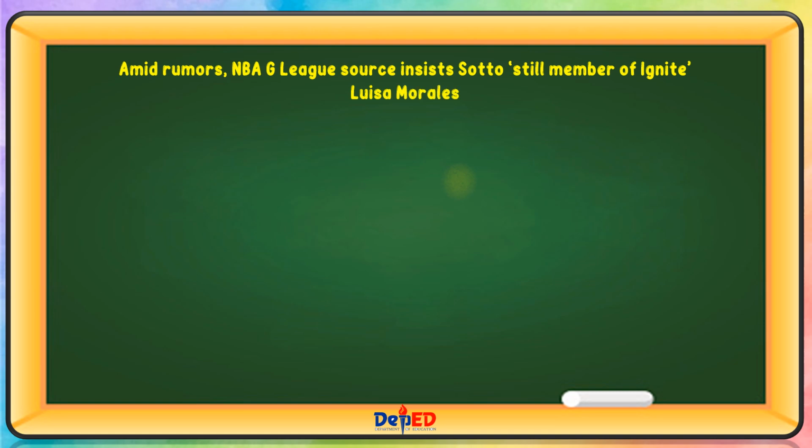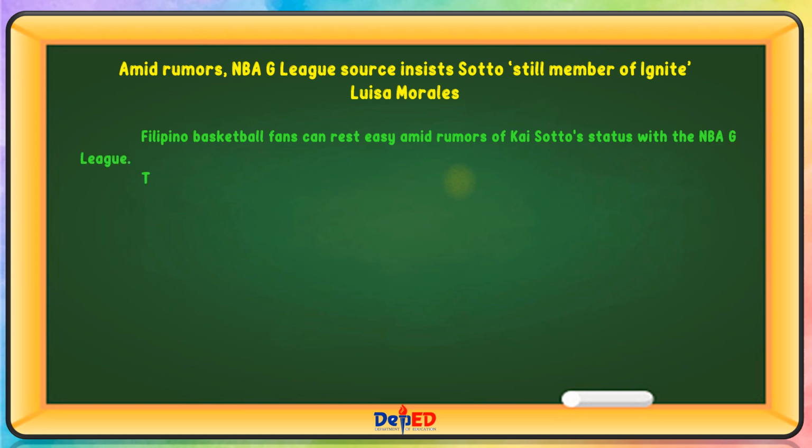Amid rumors, NBA G League source insists Soto still member of Ignite, by Luisa Morales. Filipino basketball fans can rest easy amid rumors of Kai Soto's status with the NBA G League.